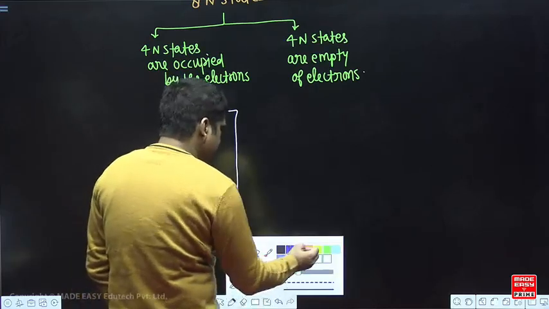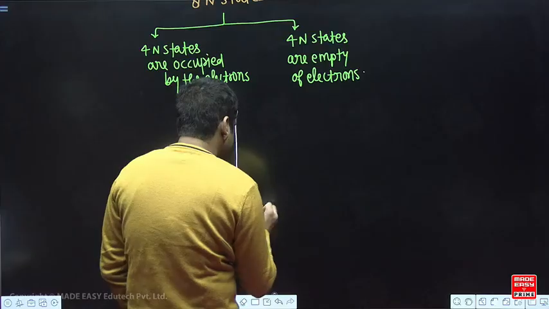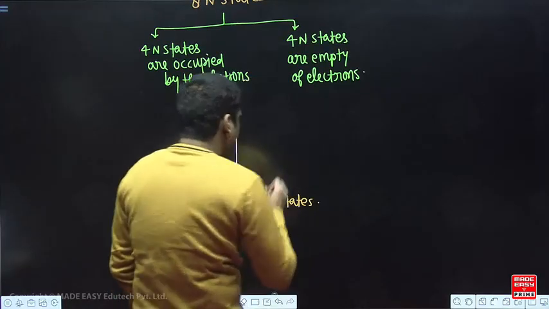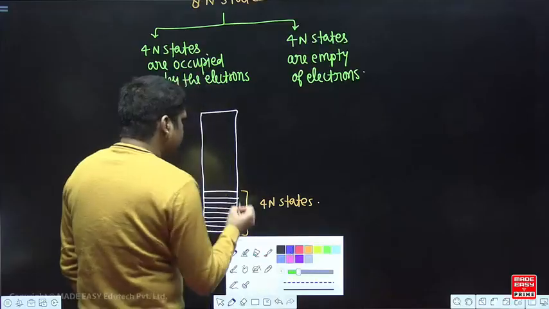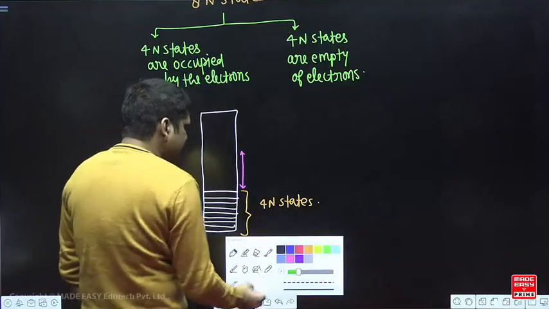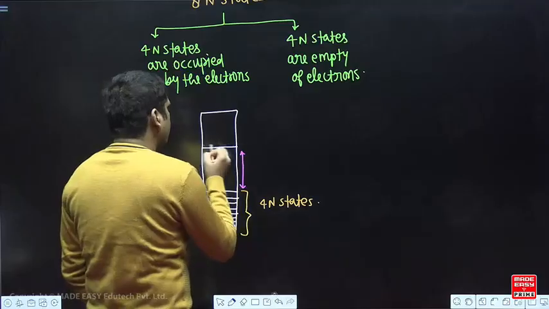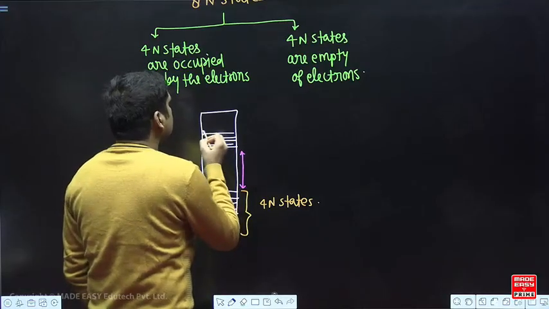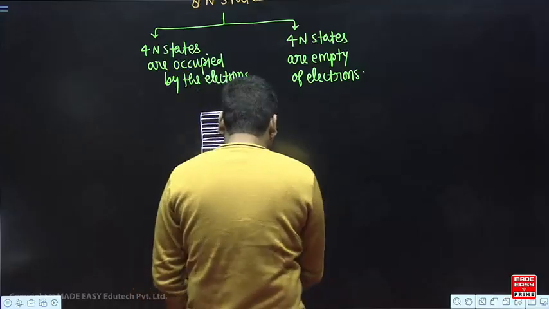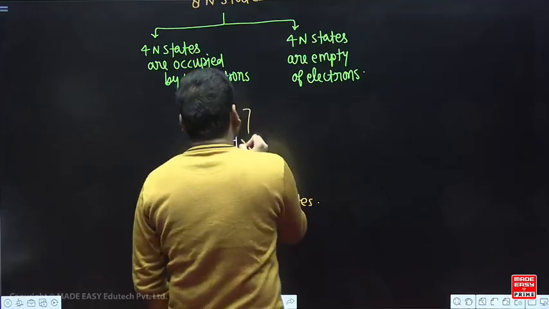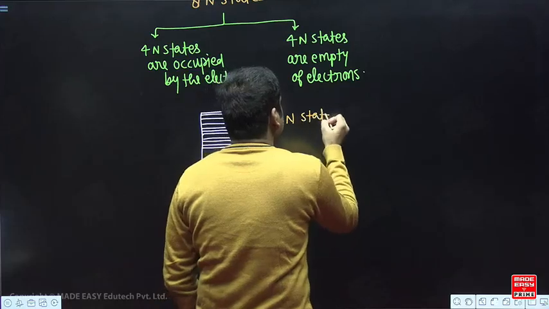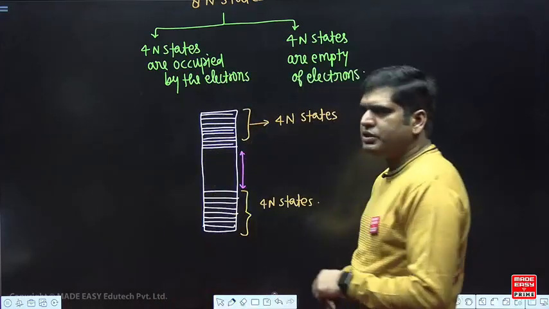So let us assume that these are the 4n states. And there should be a gap between bonding and anti-bonding, and after this gap there will be further 4n states. So these are again 4n states. These 4n states will become anti-bonding states. And this would be the gap between these states.